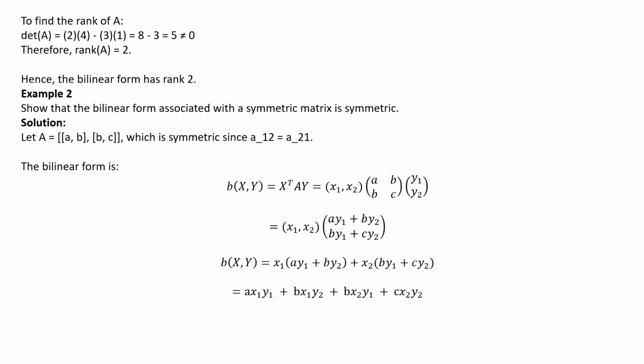Let's look at the second example. Show that the binomial form associated with a symmetric matrix is symmetric. We are to show that the binomial form associated with a symmetric matrix is symmetric.